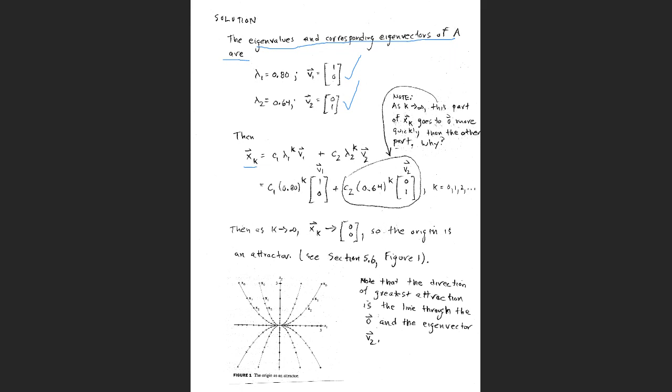x sub k is, let me see, those are semicolons. These are semicolons here. So this problem has real eigenvalues and, of course, then real eigenvectors. Okay. So then the x sub k will equal this expression here.